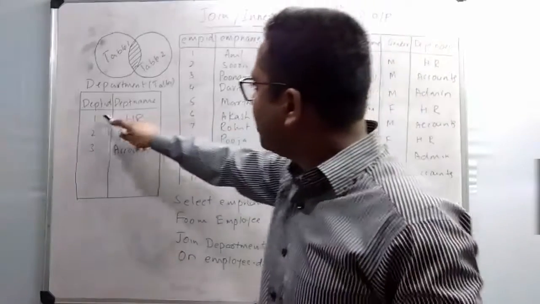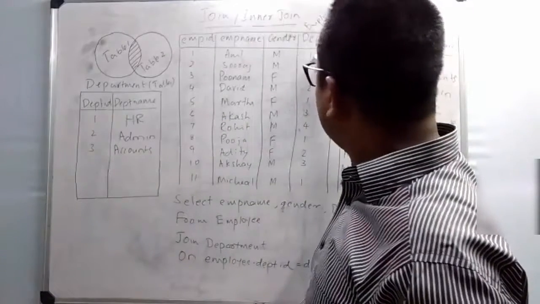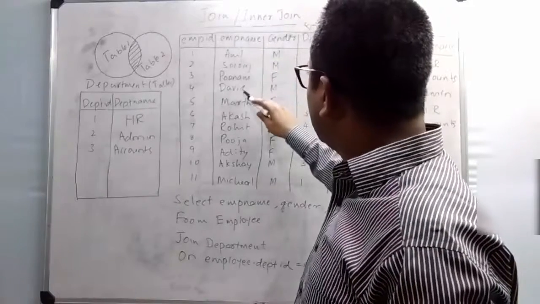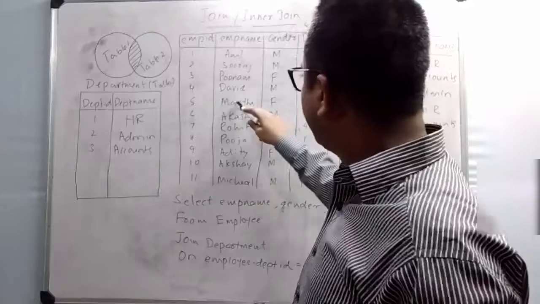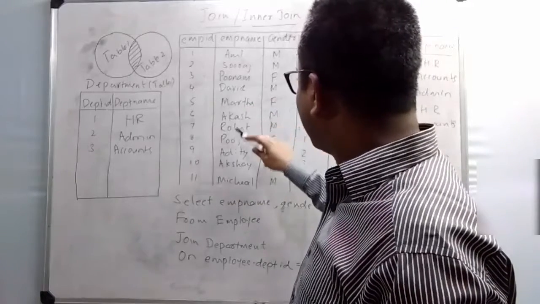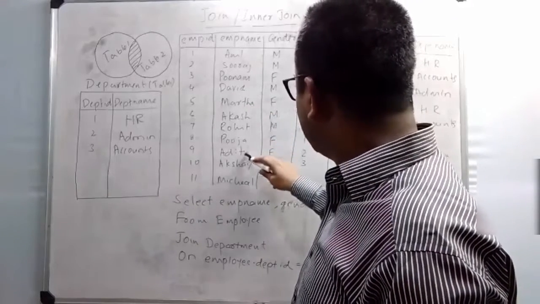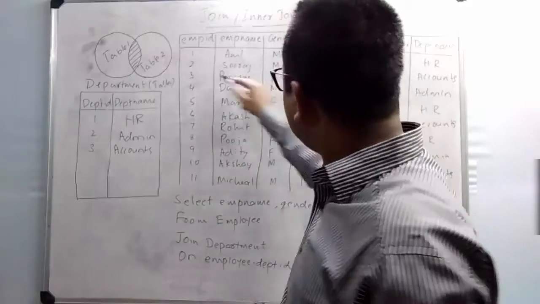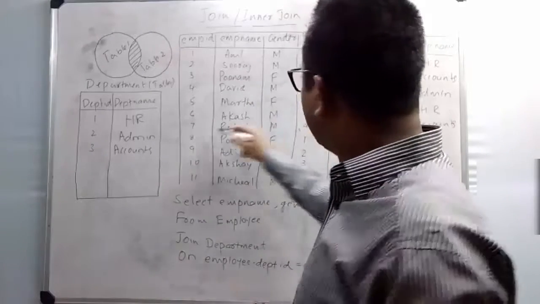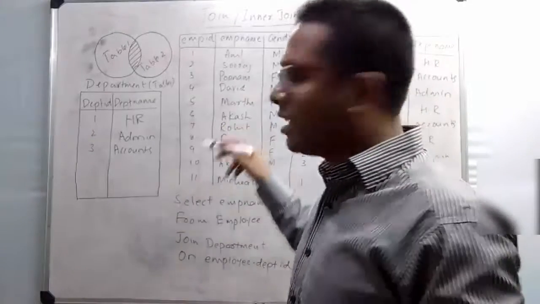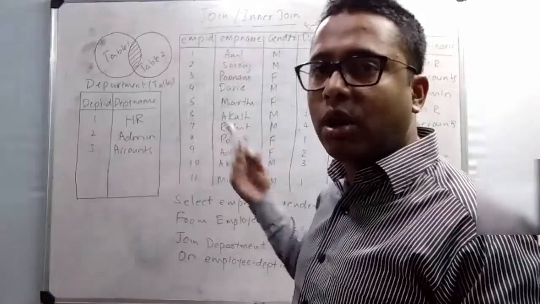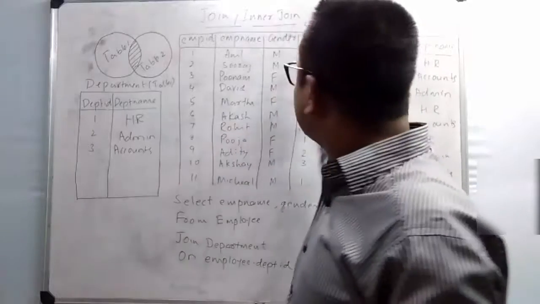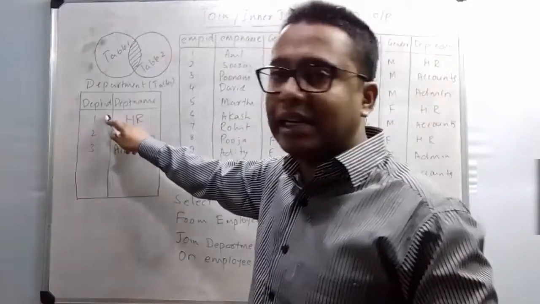Here we can see department 1, department 2, 3 are present. The first record, second record, fourth and fifth record, and then the sixth, eighth, ninth, 10th and 11th. Except record number three and record number seven, it will return all the other records, because all the other records have matching department IDs with the department IDs in the department table.